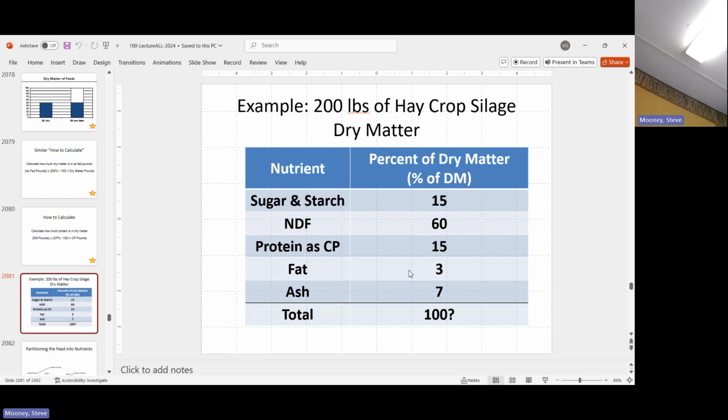In this class, I'm going to probably try to make it so your starch, your NDF, your protein, your fat, and your ash are going to add up to 100%. Makes it easier to check the math. Does that happen in the real world all the time? No.